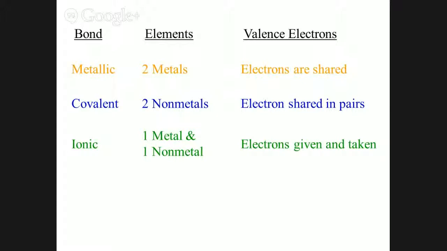To summarize, this is literally like 6 questions on a test. In other words, the answer being metallic, covalent, or ionic, knowing, hey, is it 2 metals? Is it 2 nonmetals? Is it 1 metal and 1 nonmetal? You might be told similar to the way we were done on that previous slide.